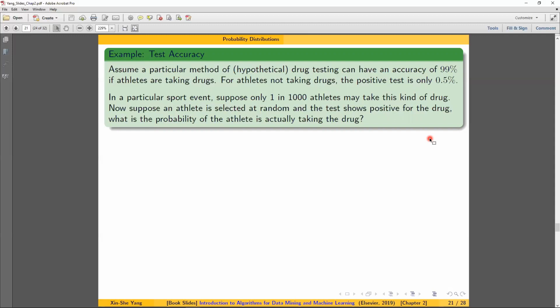In a particular sport event, suppose only 1 in 1,000 athletes may take this kind of drug. Now, suppose an athlete is selected at random and the test shows positive for the drug. What is the probability that the athlete is actually taking the drug?